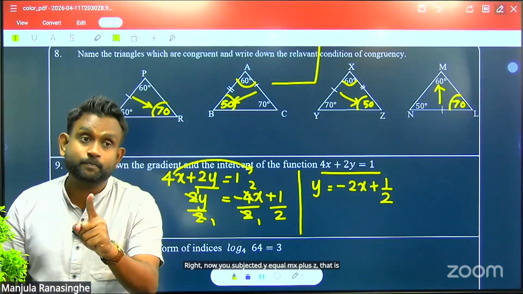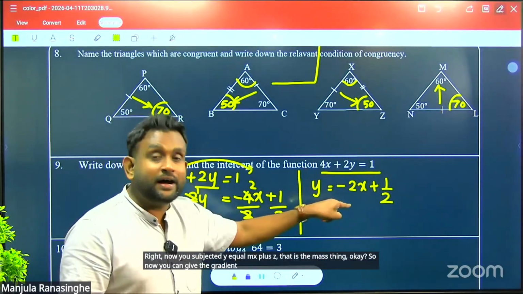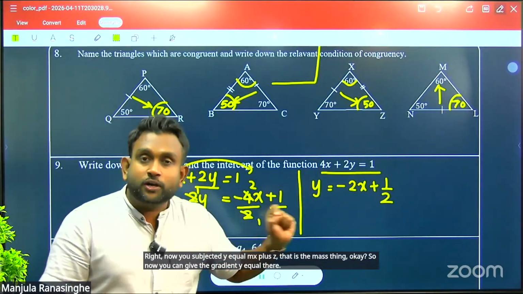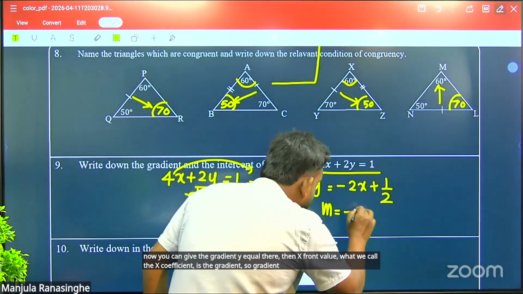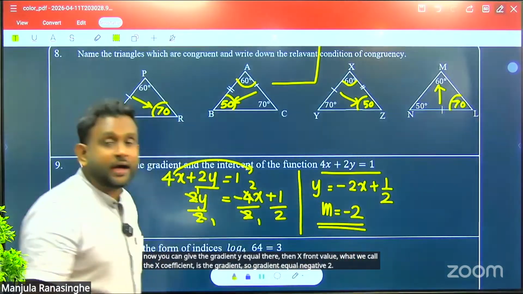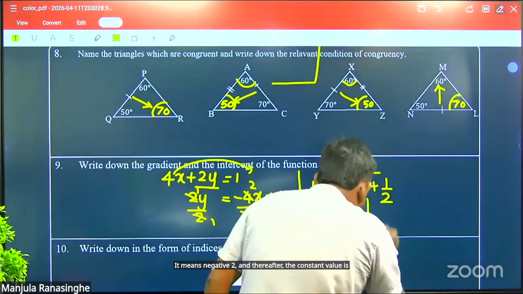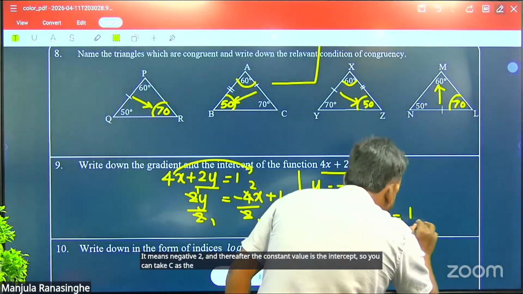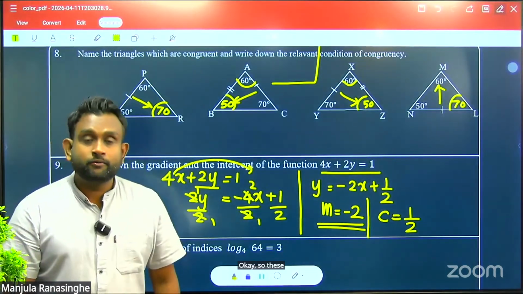That is the must thing. So now you can give the gradient. The x coefficient, the value in front of x, is the gradient. So the gradient m is negative 2, and thereafter the constant value is the intercept. So c is 1 over 2, one half. These are the values.